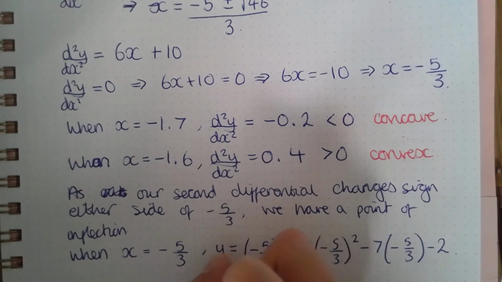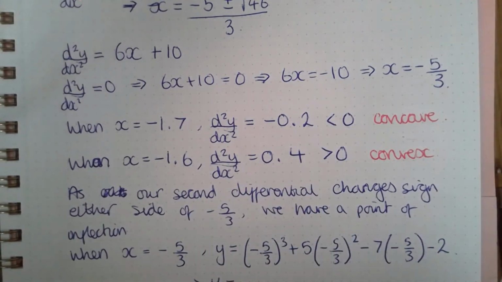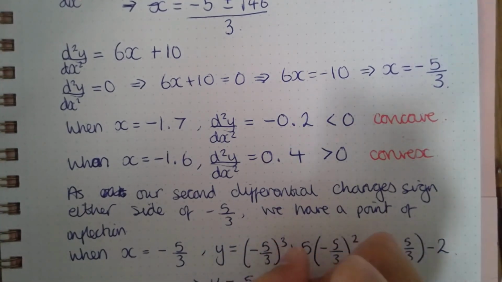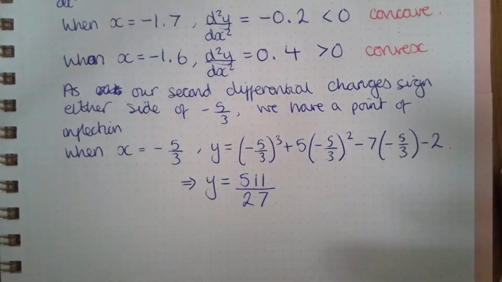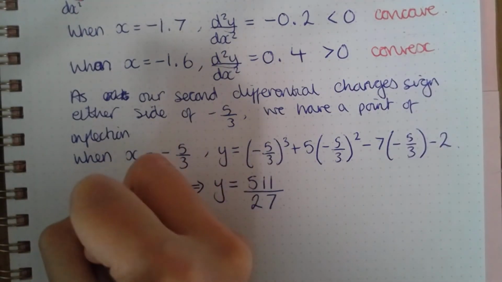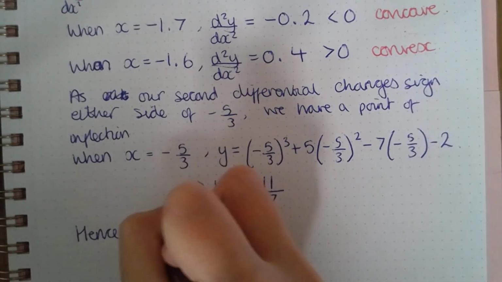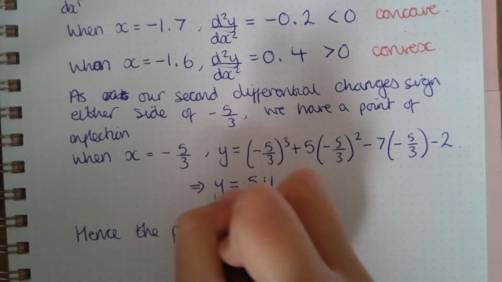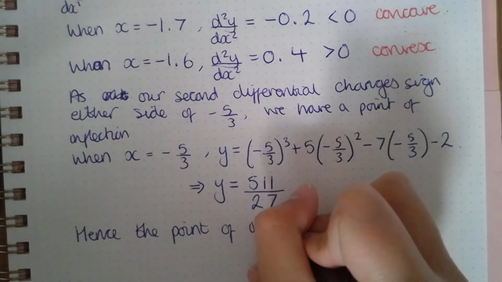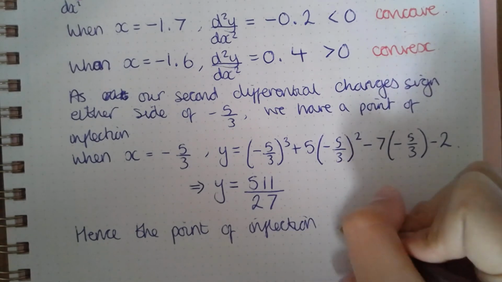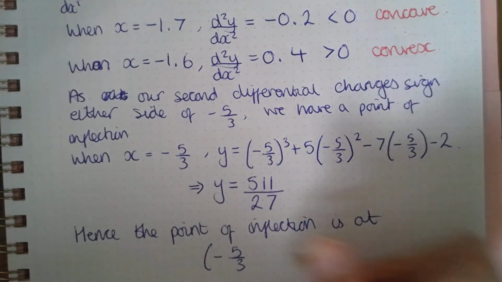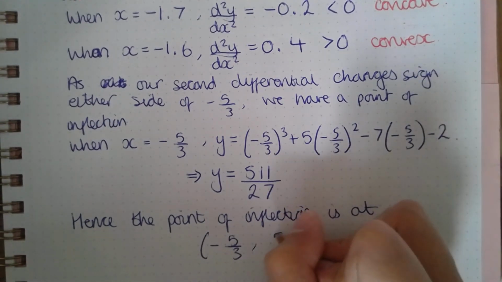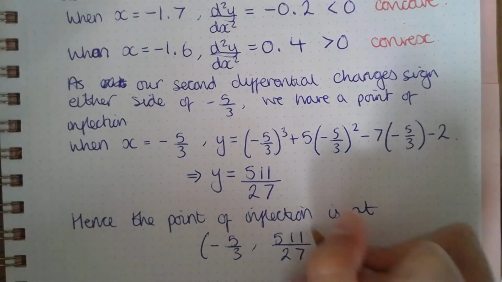So that means that y is equal to 511/27. Okay. Final statement: hence, the point of inflection is at negative 5/3, 511/27.